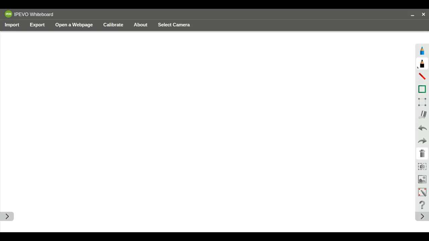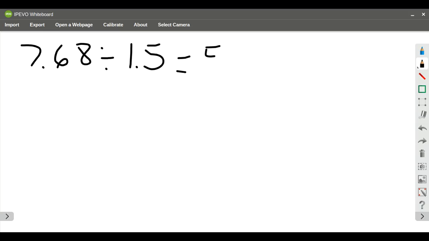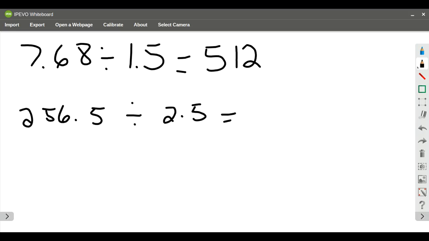So if we take a look at our first one, we have 7.68 divided by 1.5 equals 512. I'm just going to write them out for a second. 256.5 divided by 2.5 equals 1026.